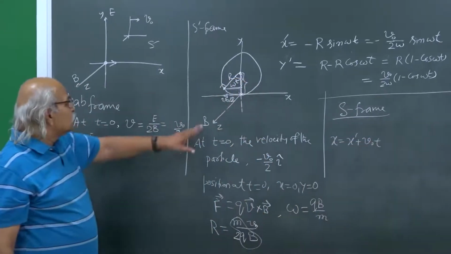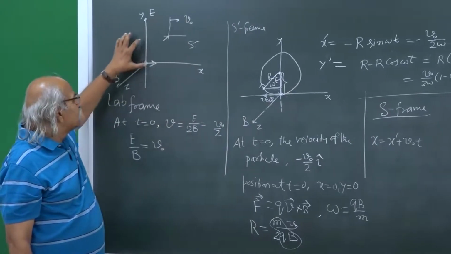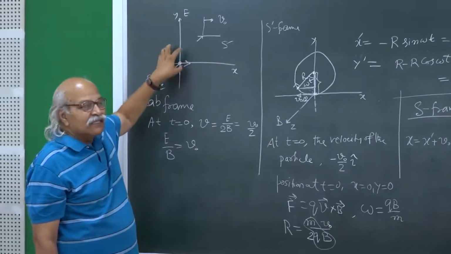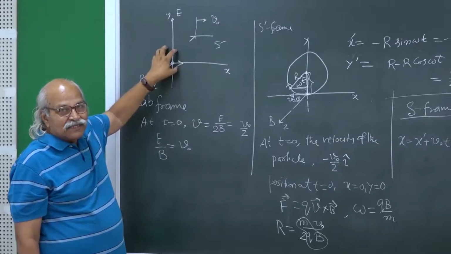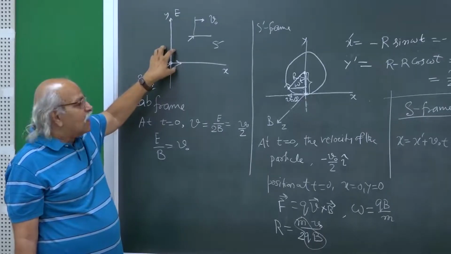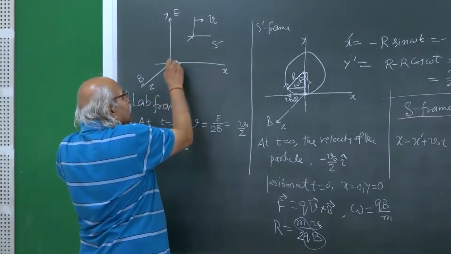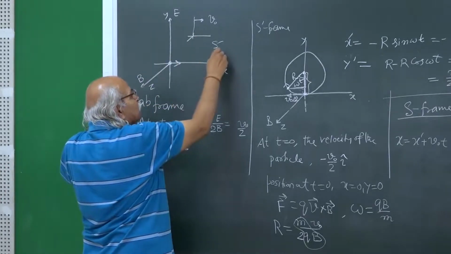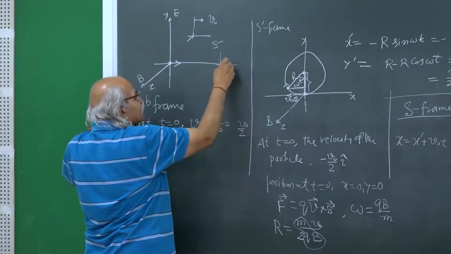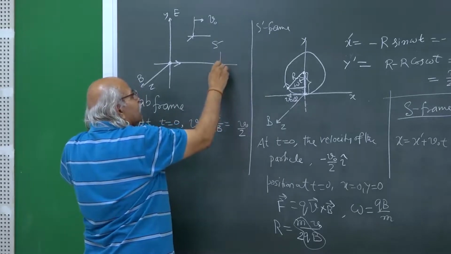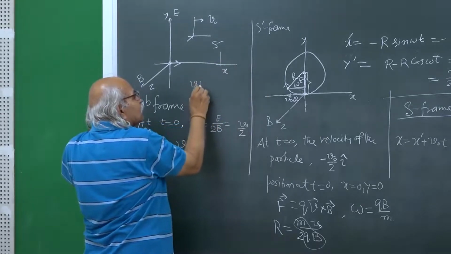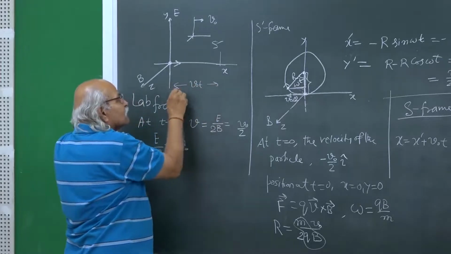At t equal to 0, the origin is coinciding and everything. So, at t equal to 0, x and x prime are both 0. After that the frame moves with a certain speed, and at time t this will be v naught t, alright.